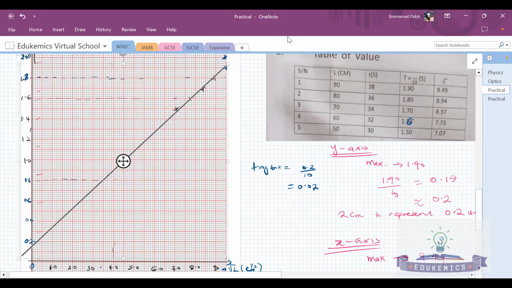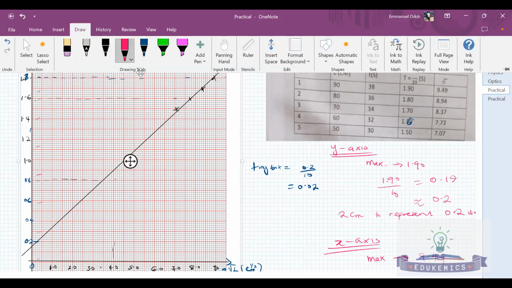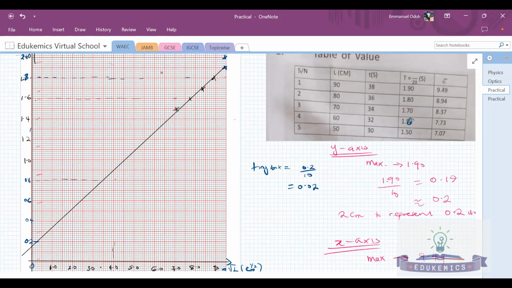I think so. That's the line of best fit. Then we can draw our, pick any point. Very easy point.